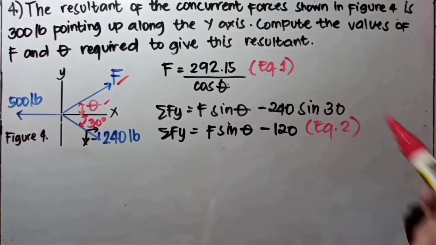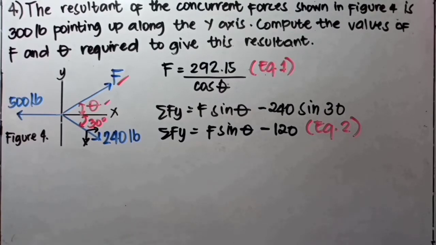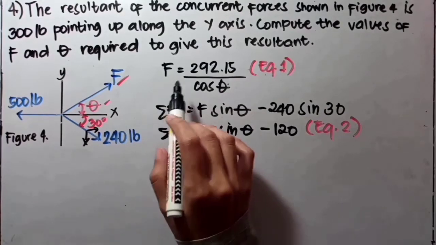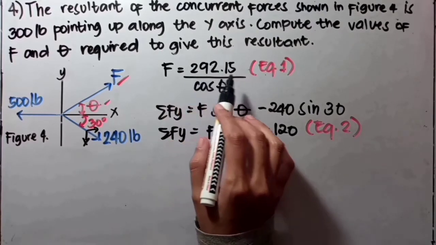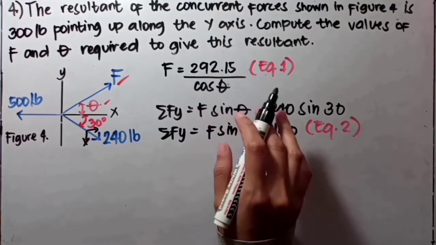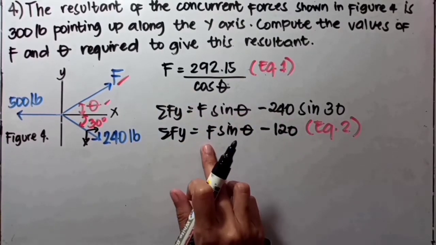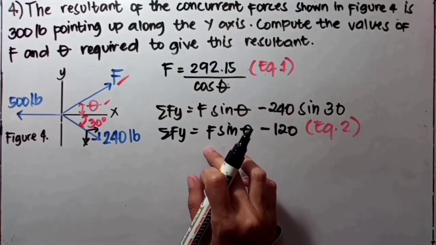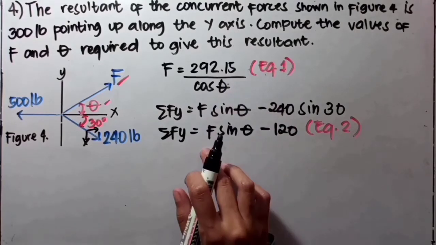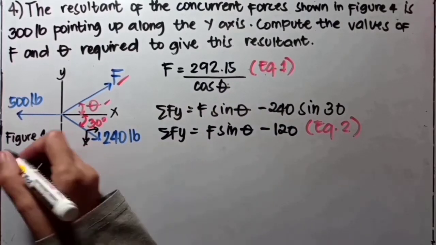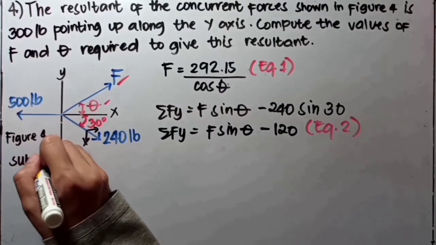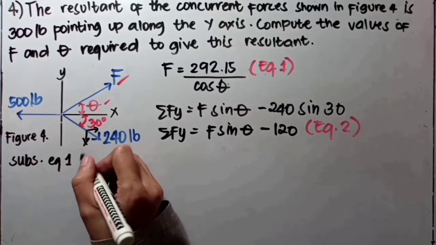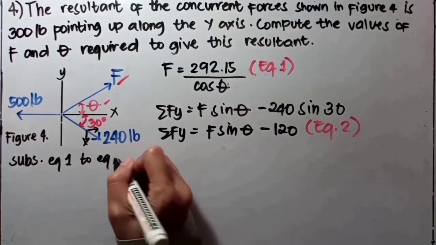So, meron na tayong equation 1, equation 2. Since may equation na tayo for F, which is F is equals to 292.15 divided by cosine theta, and then may F din dito for summation forces Y, so pwede na nating i-substitute ang value na ito dito sa equation 2. So, ang gagawin natin next ay substitute equation 1 to equation 2.